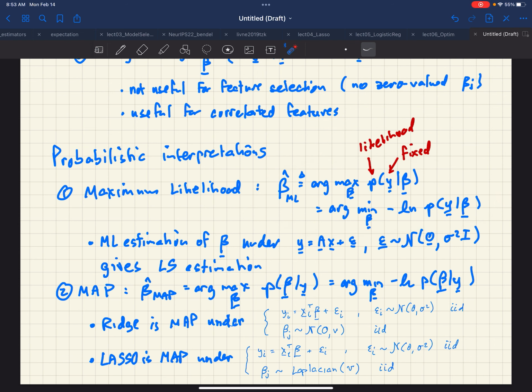Parameters are just deterministic variables you can adjust. The only model you have here is a model for the data, the targets given the features. By Bayes' rule here, we could write P of beta given y is equal to P of y given beta multiplied by P of beta.